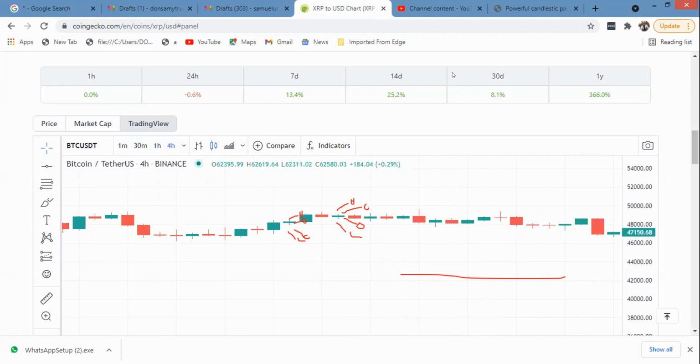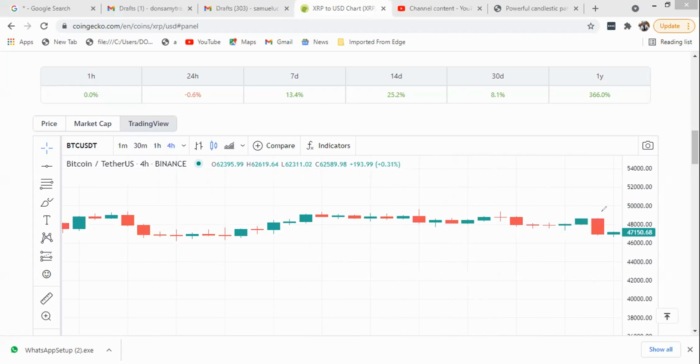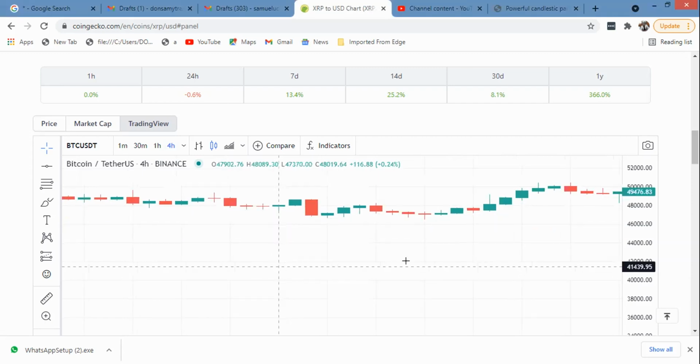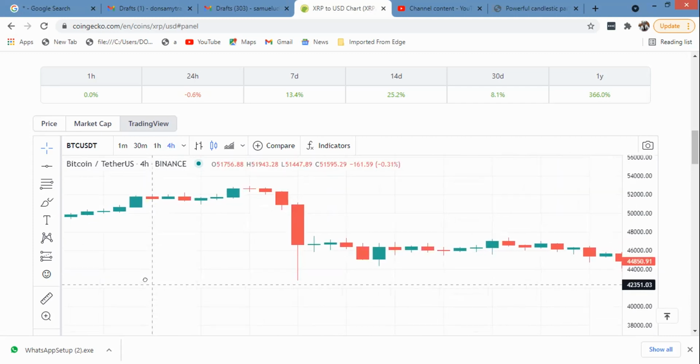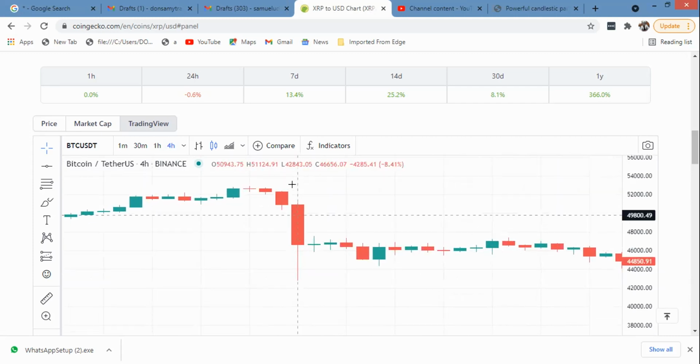Now, if we go to 4 hours, you would see the same thing. For example, this. Sorry. Let me come to where we are. Good. Fantastic. Everybody can see this candle, right?